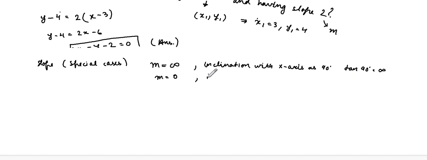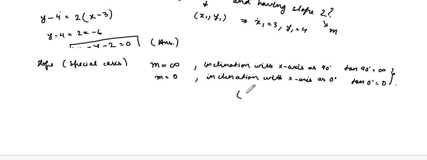And same for inclination with the x-axis will be 0 degrees, because we all know that tan 0 degree is equal to 0. So you have to keep this in mind, and if you have watched the previous video, you can easily see that these are special cases of lines parallel to axis, right? You can check out the first video in the playlist and you can understand these topics.